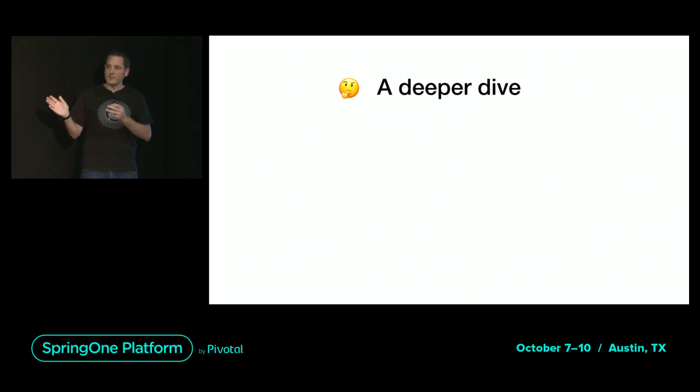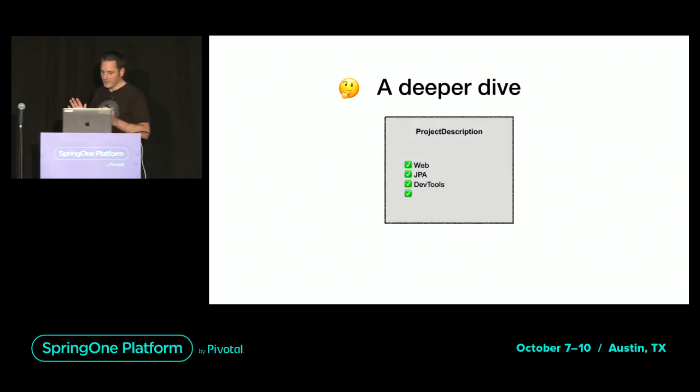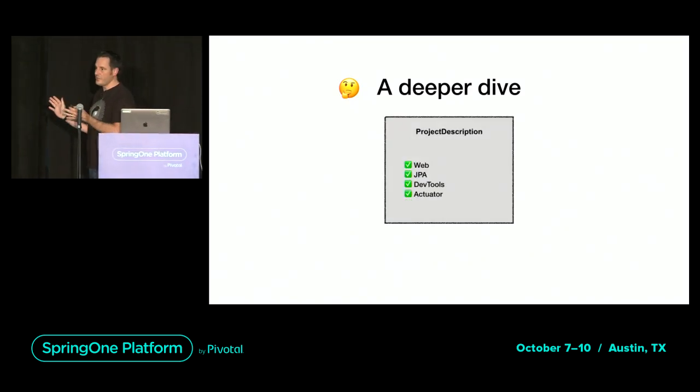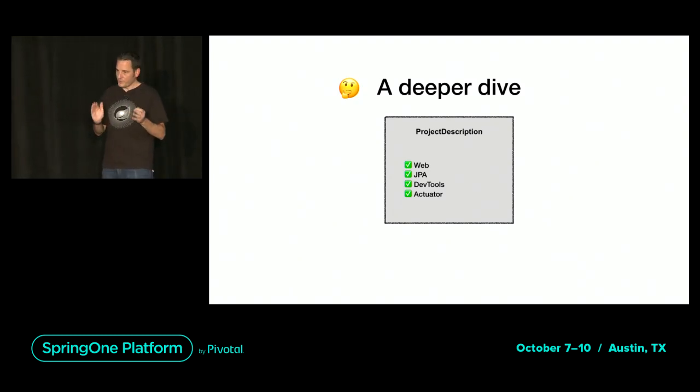So what I want to do now is go back to the API and do a few more demos. But before I do that, I want to show you exactly how that project generation works. So project generation starts with a description of the project, right? Think of it as the form that you fill in the IDE. You have a bunch of options, you select things, then you send that to the server.